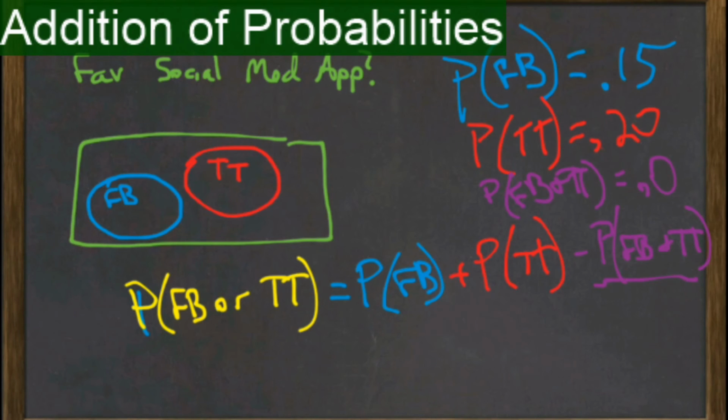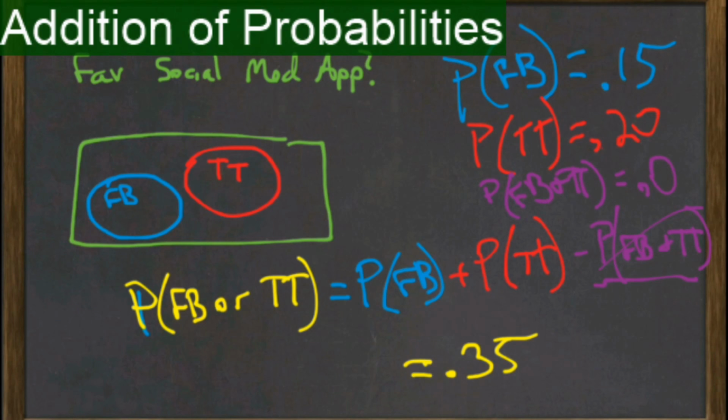The purple is going to be 0, and so oftentimes you'll see people just drop that, and that's why, for instance, in your book, we have what's called the special rule of addition, and that's only applicable when you have mutually exclusive events. So we can't forget this last little part if we have that overlap. Just to finish out the example, this would become 0.35, 15% plus 20%. And so we could say 35% of respondents picked either Facebook or TikTok as their favorite social media app.